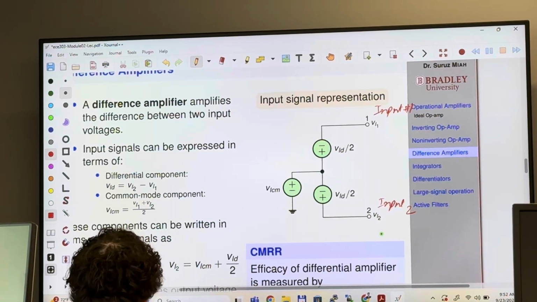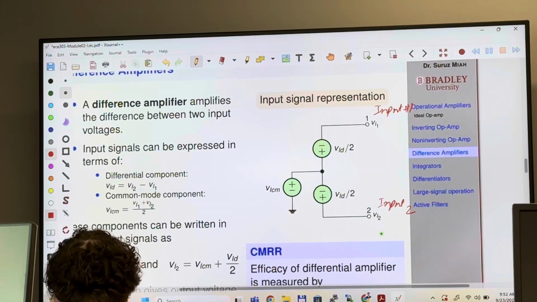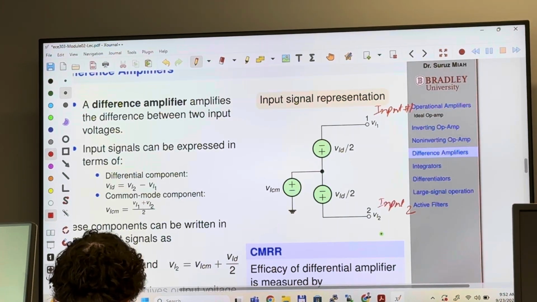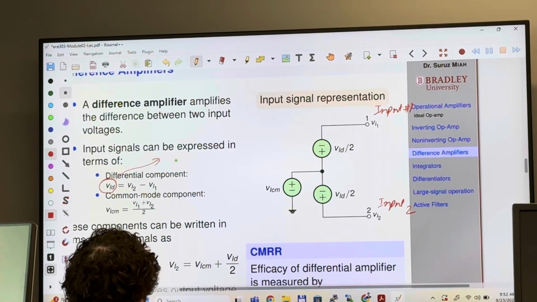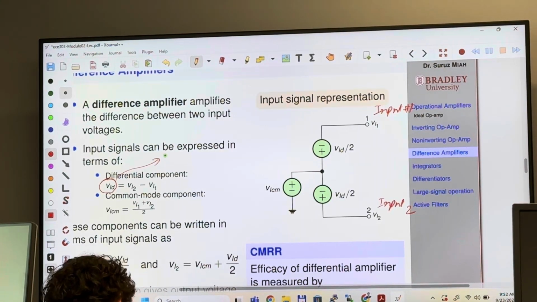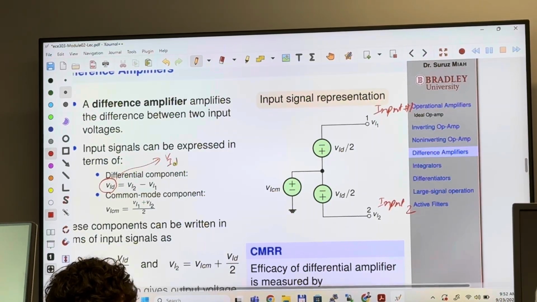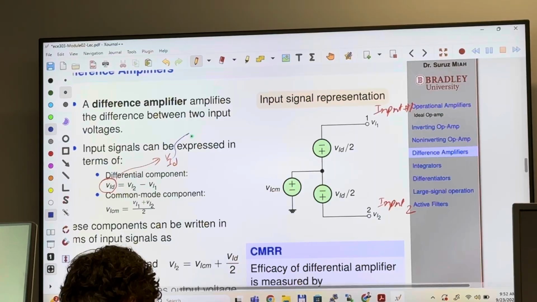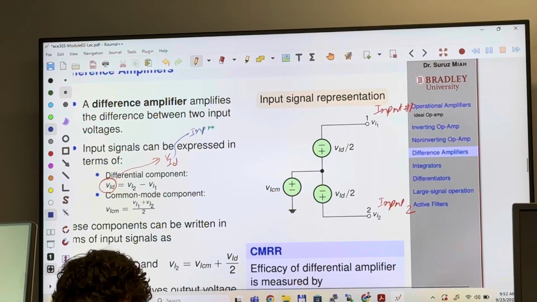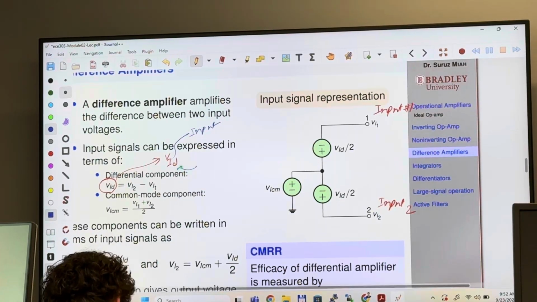Therefore, these two inputs can be written in two different components. One is the difference. This is basically the differential input, VID. I for input, and D for difference.